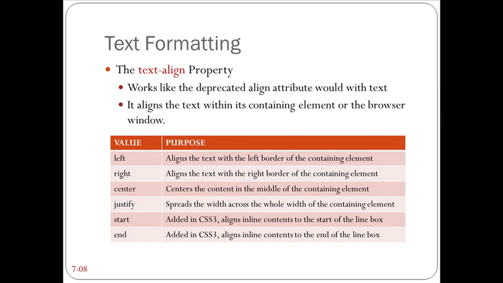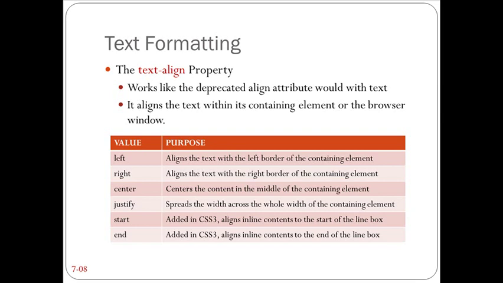The values that you can have, left, right, and center, those are pretty much self-explanatory. The justify actually spreads the width across the entire thing. It's justified left and right. I don't usually like to use that on the web because there's too many factors that go into it that can go wrong with it.